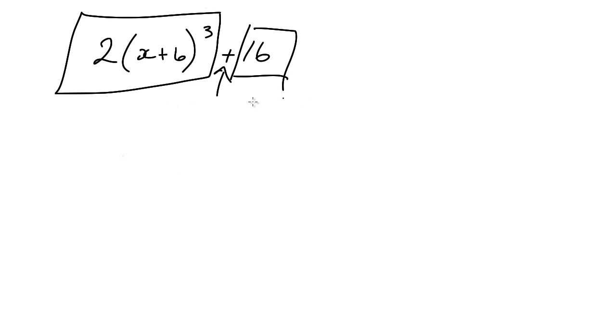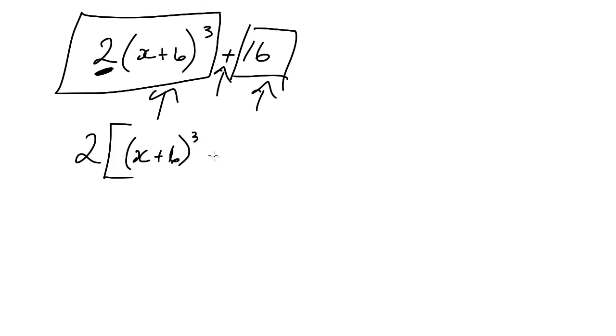So we've got the sum of two terms, and I can factorize a 2 out of both terms. Pulling 2 out of this term, I'm left with (x plus 6) cubed, plus I can pull a 2 out of this term, so it becomes plus 8.